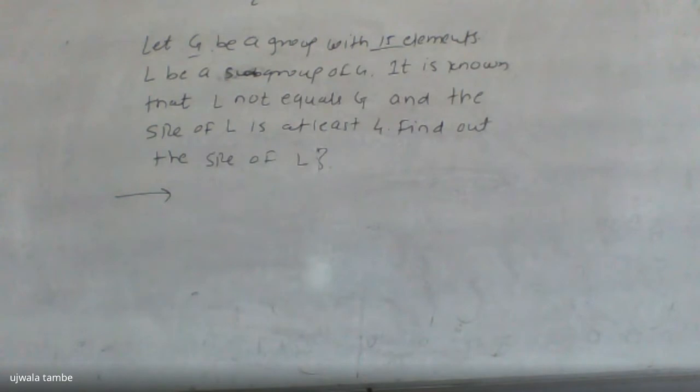Okay, then what is next? Constraint. The size of L is at least 4. And what is another constraint? L is not equal to G. Five is the right answer, Priyanka. Very good.